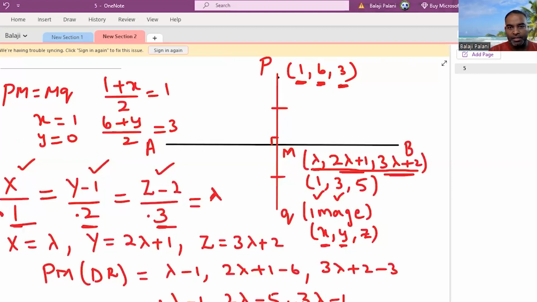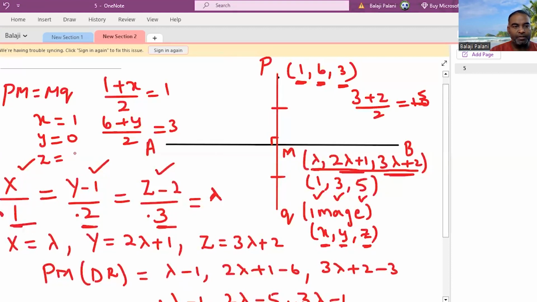And the last one, (z1 plus z2) by 2 is equal to 5, so z is going to be 7. So the coordinates of the image are (1, 0, 7).